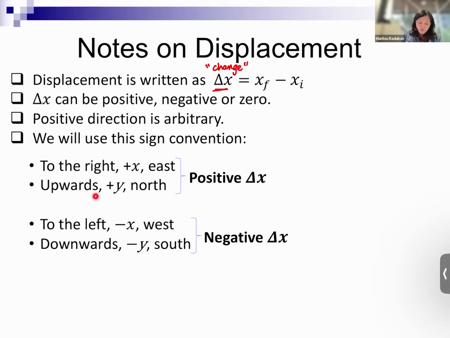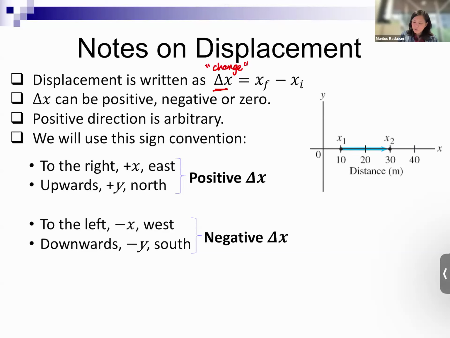If the object moved upwards or positive y-axis or to the north, we also indicate that as a positive displacement. Okay, of course, opposite directions to that, like left, negative x, or west, downwards, negative y, or south, will give us negative displacements, right? So this will be the sign convention that we will consistently use in this course.